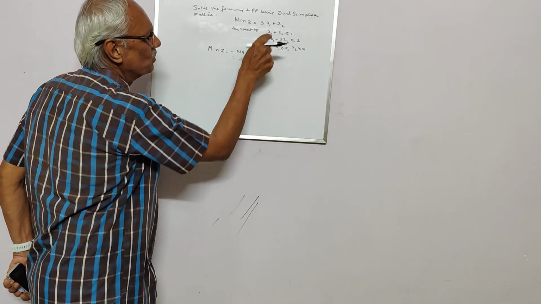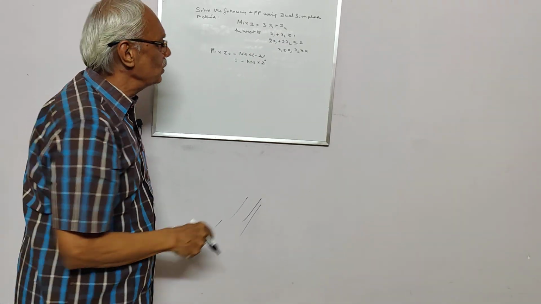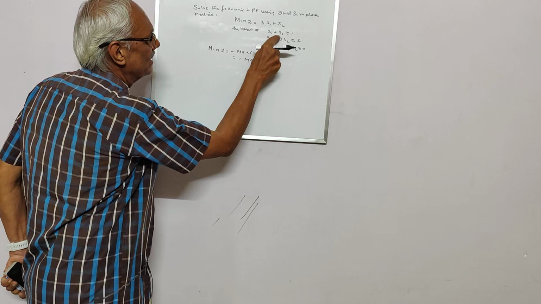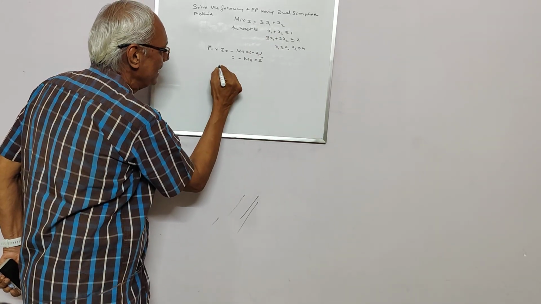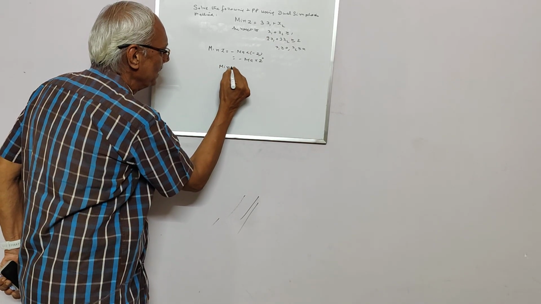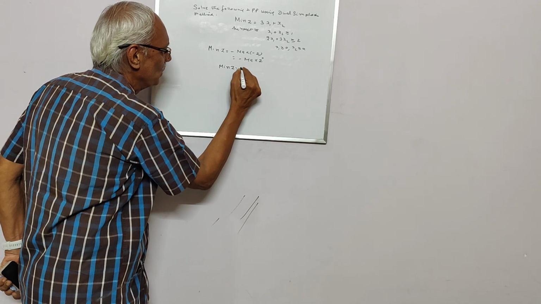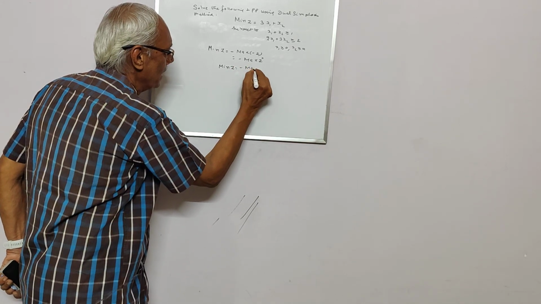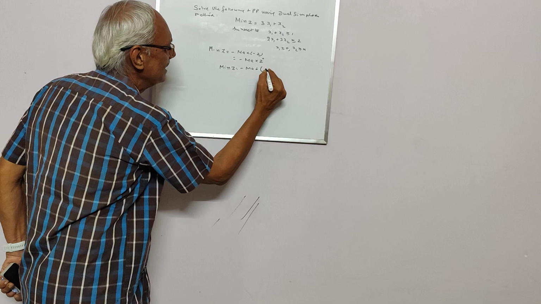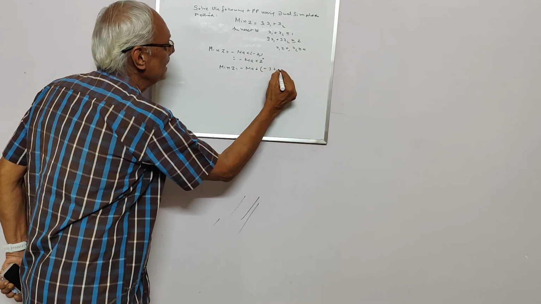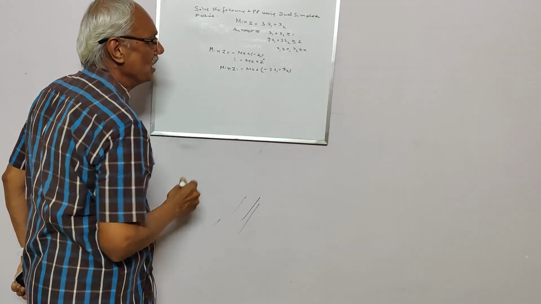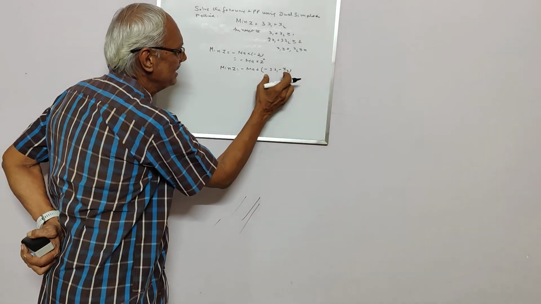Here, z is equal to 3x1 plus x2. So you take the minus of z. What does it mean here? In this particular case, min of z is equal to minus max of minus z, which is minus 3x1 minus x2. Now you have to maximize this function.